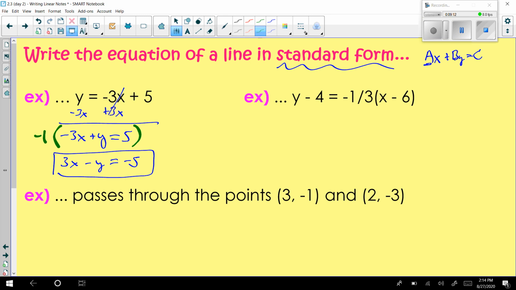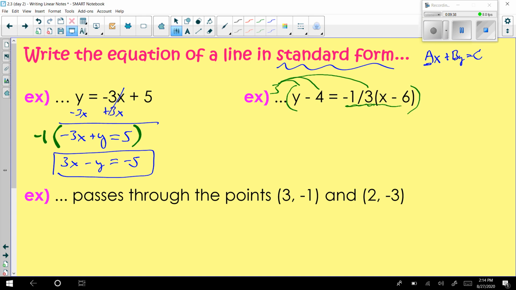Okay. This next one, y minus 4 equals -1/3 times the quantity x minus 6. I'm going to multiply everything times the denominator in our fraction right here. The denominator is 3. By doing that, that's going to eliminate this fraction. I have to multiply it to the y, the -4, and this term, -1/3 times x minus 6.